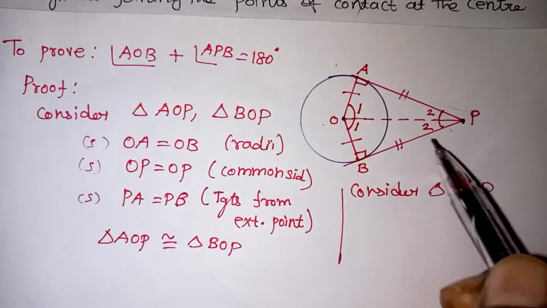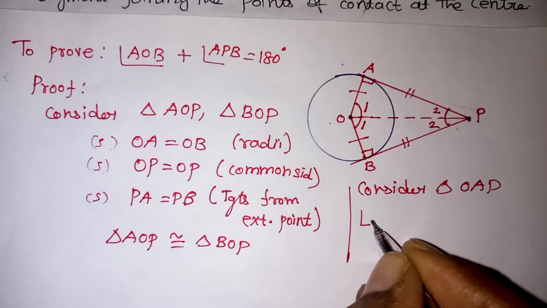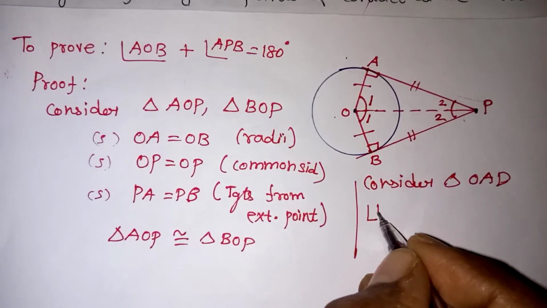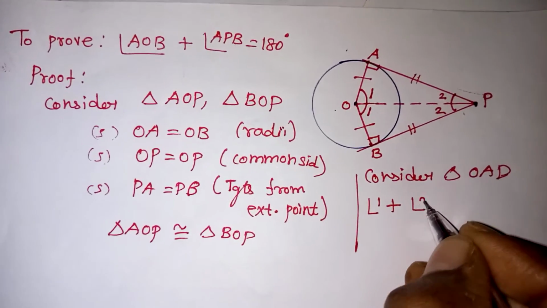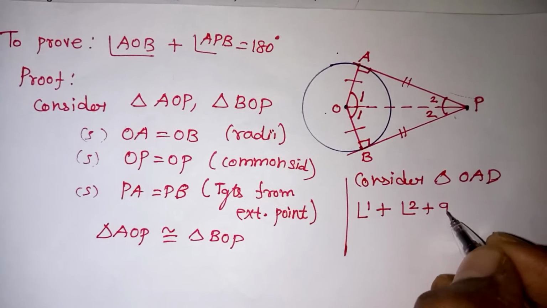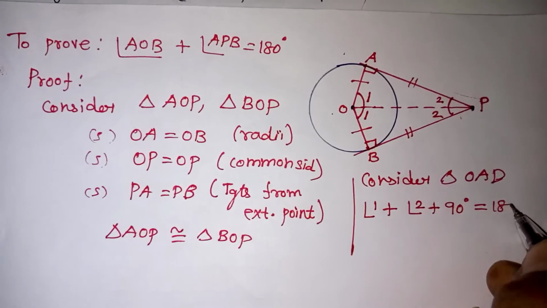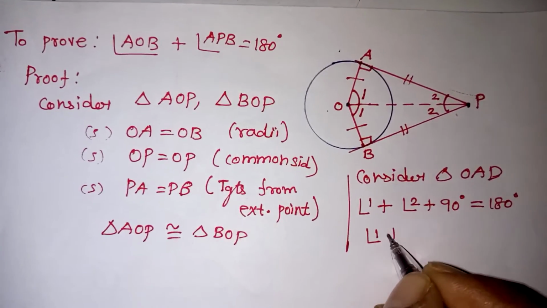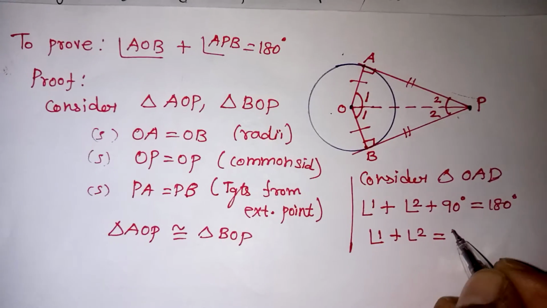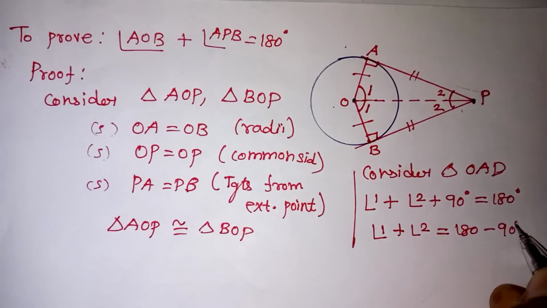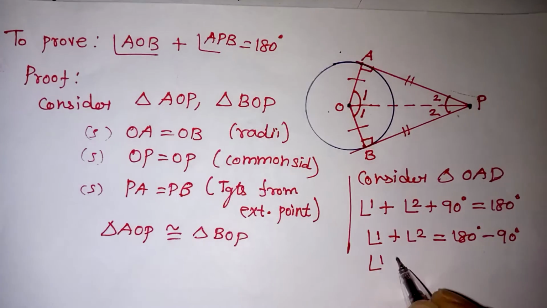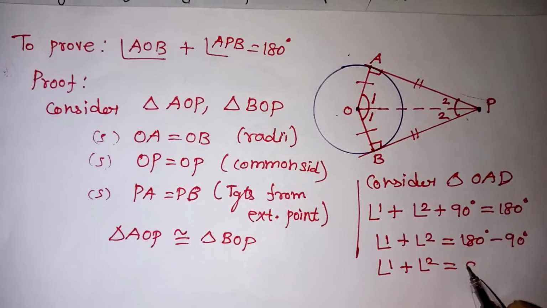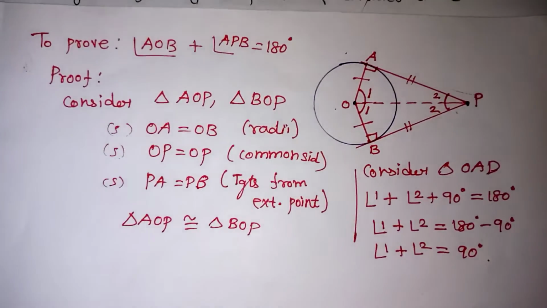If I add all three angles, the answer should come to 180 degrees because that is the angle sum property of a triangle. So the plus 90 taken to the other side becomes minus 90. So angle 1 plus angle 2 is equal to 180 minus 90. 180 degrees minus 90 degrees gives 90 degrees. So angle 1 plus angle 2 is equal to 90 degrees.